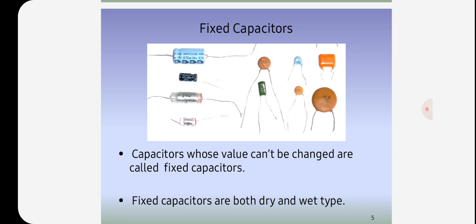These are further classified based on the dielectric medium used as follows: mica capacitors, paper capacitors, glass capacitors, ceramic capacitors, air capacitors, electrolytic capacitors, polyester capacitors, and tantalum capacitors. In the diagram, you can observe the fixed capacitors.